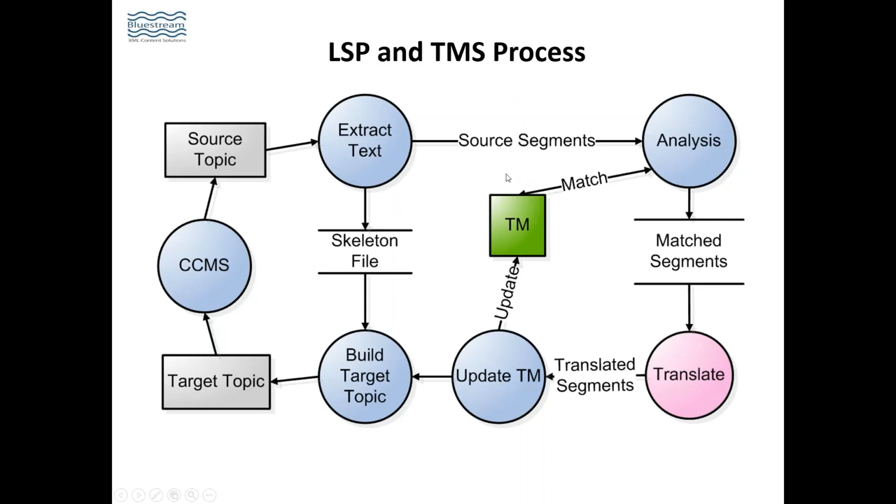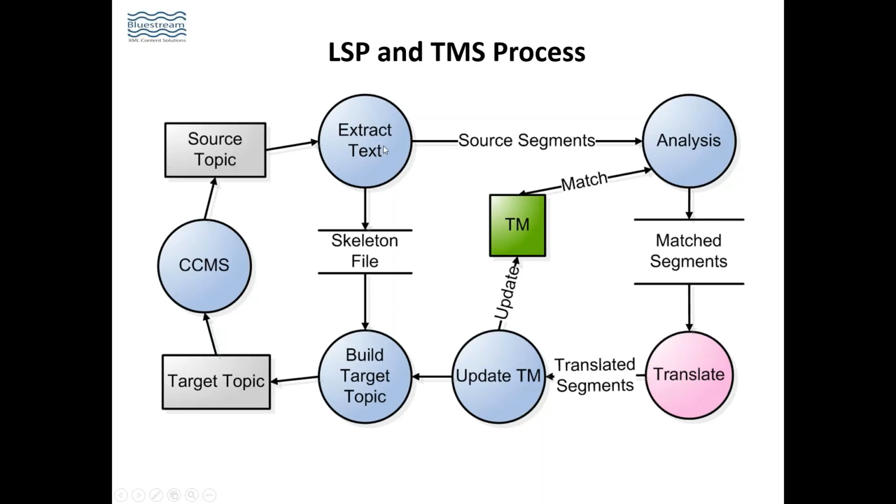So this is not a perfect modeling, but if you are a localization manager in your organization, it does make sense to understand what your LSP is doing for you and what their TMS is doing for them. So you take your source topic, which comes from the CCMS.